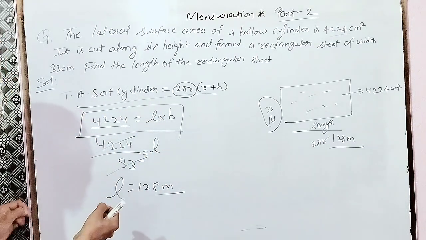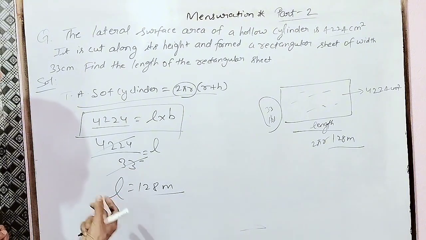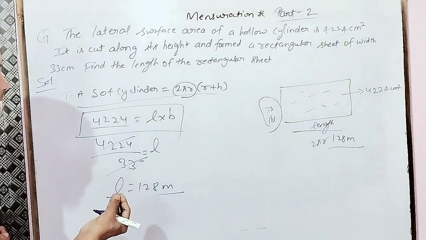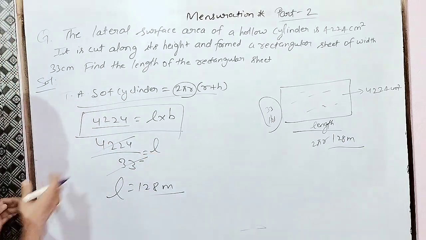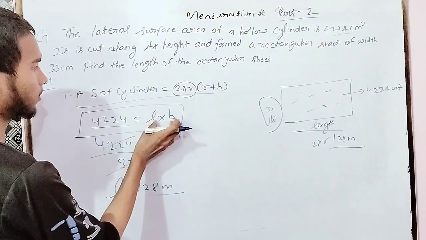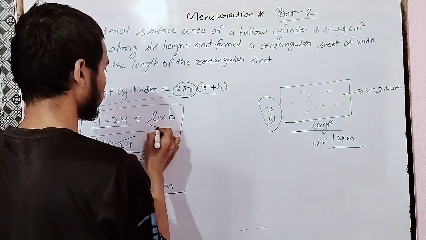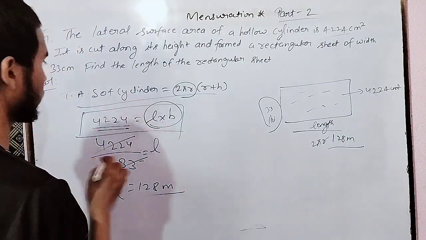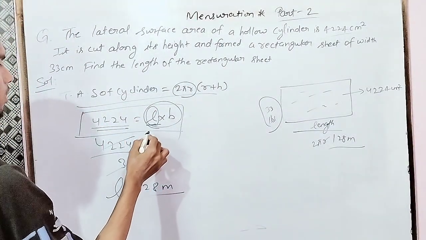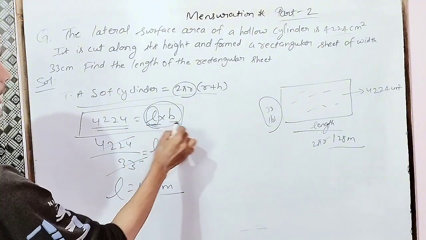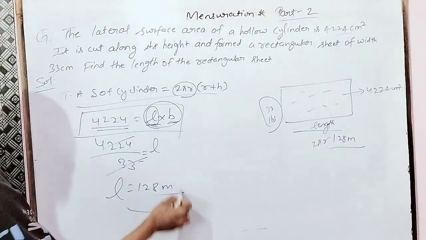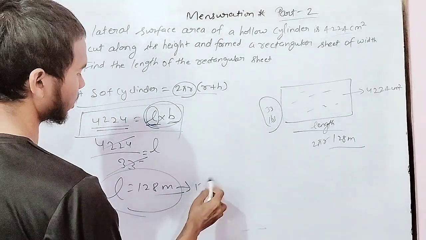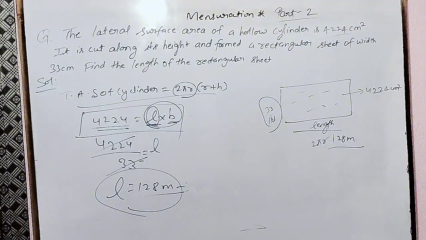It is saying that we are given the total area of the rectangle shape of the cylinder, which is 4224, and this is L multiplied by B of this rectangle. We don't know L, and the question is asking us to find the value of L, and we know B, which is the height, 33 centimeter. After simplifying it, this is 128 meter.